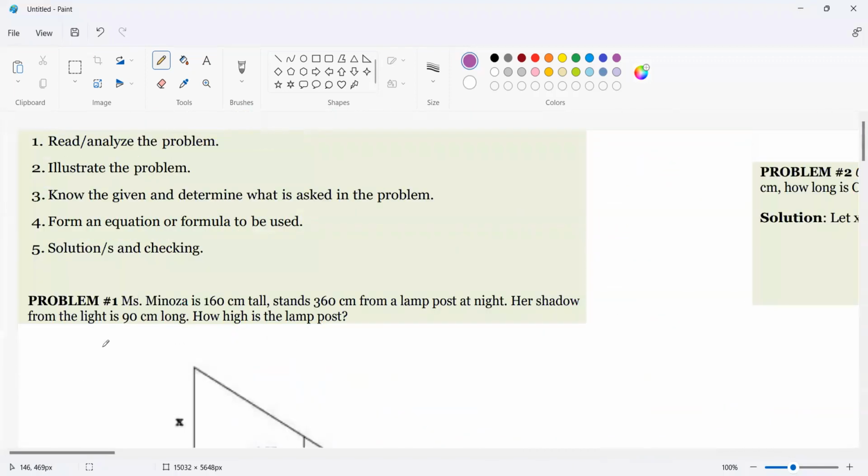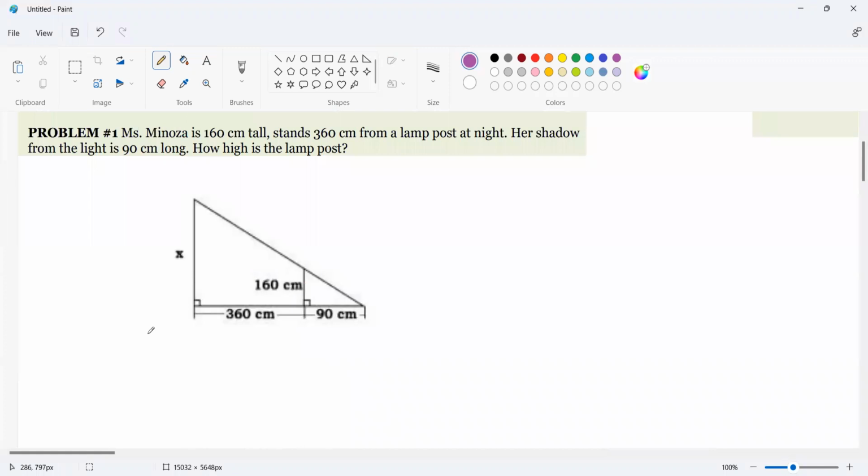Problem number 1: Minyosa is 160 centimeters tall and stands 360 centimeters from the lamp post at night. So let's say this is the lamp post and this is Miss Minyosa. It's her birthday, by the way. Next is the 360 distance from the lamp post.